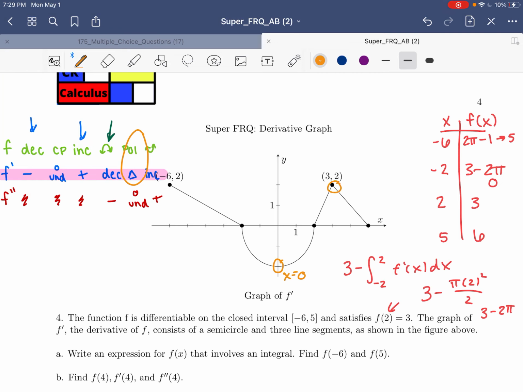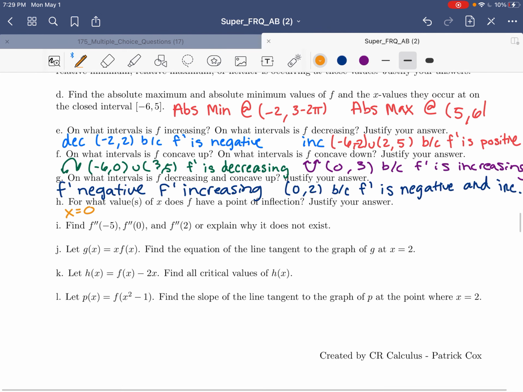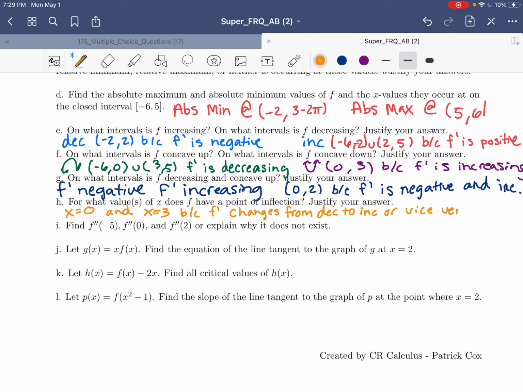Then it's increasing again until we get to x equals 3, and then it starts to decrease again. So those are going to be our 2 points of inflection: x equals 0 and x equals 3, because f prime changes from decreasing to increasing or vice versa.